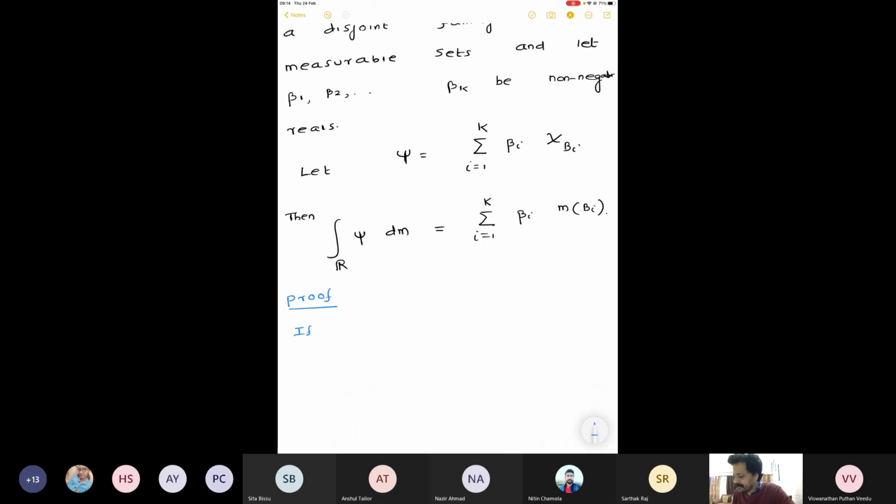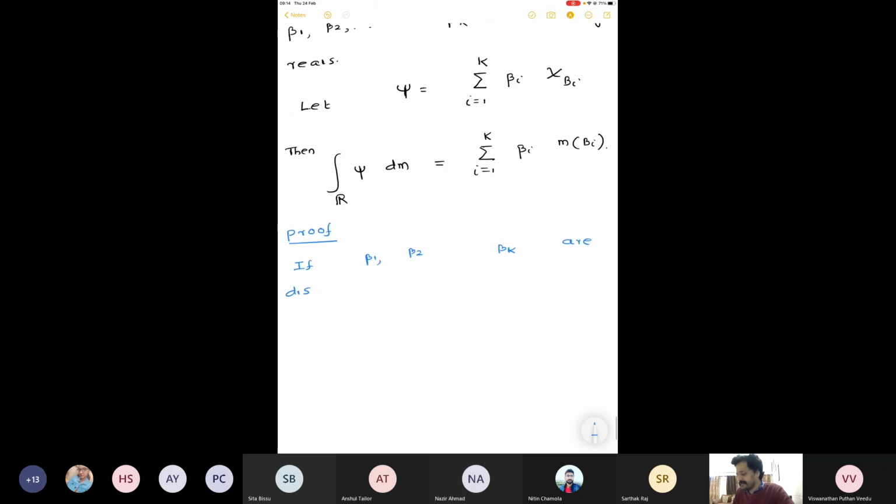If beta 1, beta 2, etc., beta k are distinct, we are done, because in that case the given representation is its canonical representation.